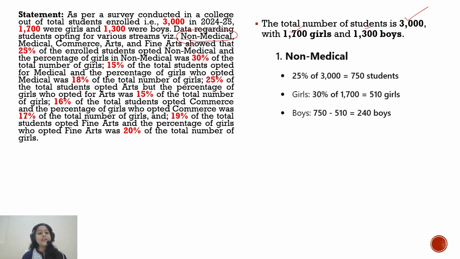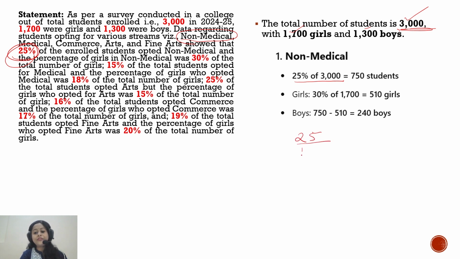It is mentioned here that 25% of the total students enrolled, that is 3000, have opted for non-medical. So I have written 25% of 3000 as the total students who opted for non-medical. How can you find 25% of 3000? I'll just show one and you'll get the idea for all.